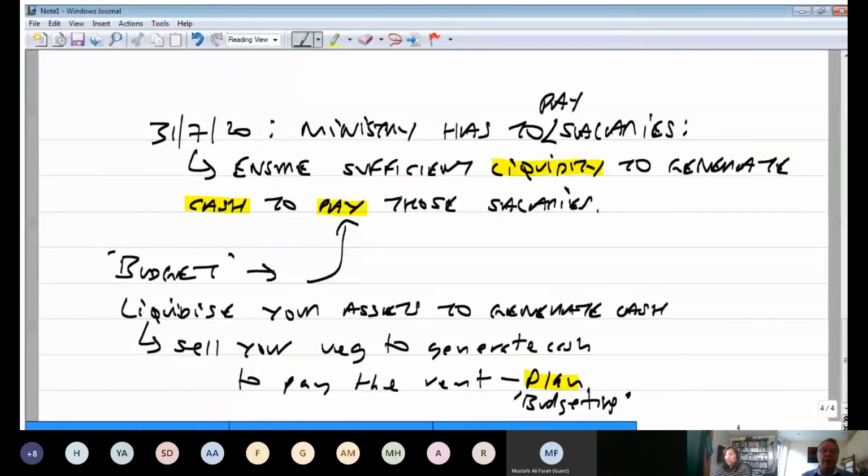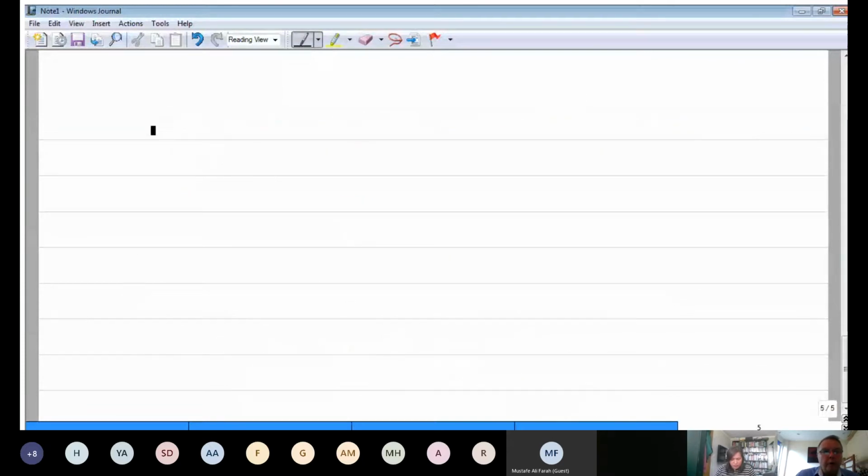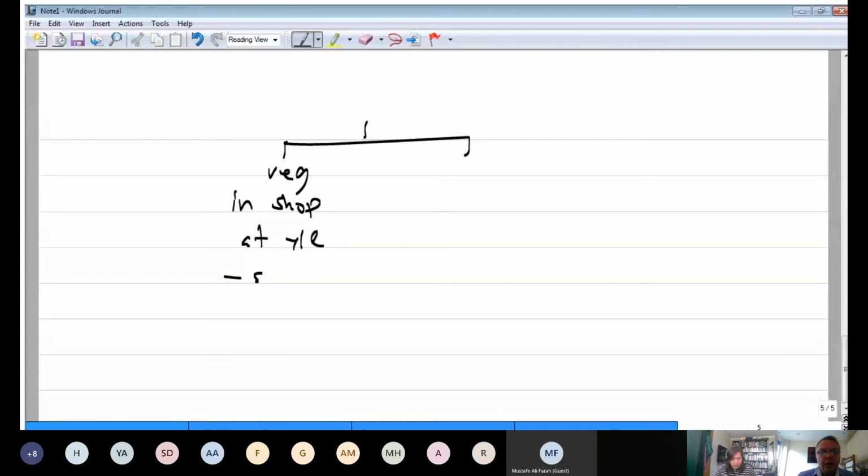Okay, so those short-term investments we mentioned earlier on, it's a situation where if you do have short-term investments like bonds, for example, so we use the analogy of the veg in the shop at year end, and you need to sell the veg quickly to generate cash.